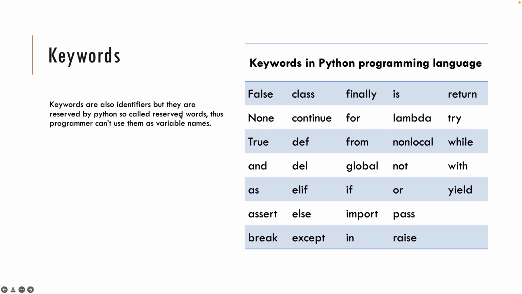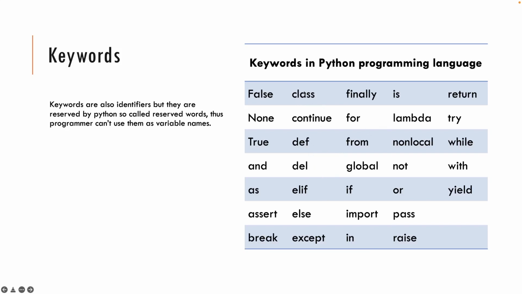But okay, before we proceed, do you understand? Keywords are reserved words. Keywords are also identifiers, but they are reserved words such that the programmer can't use them. So suppose we take any one of the keywords here.